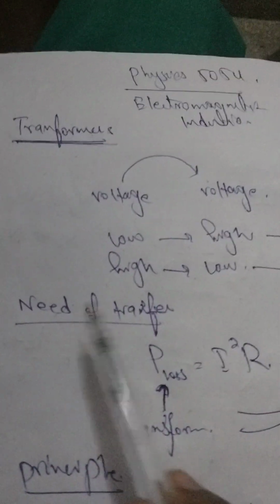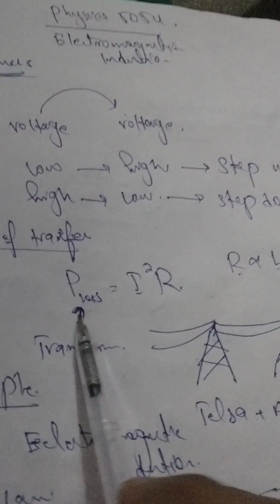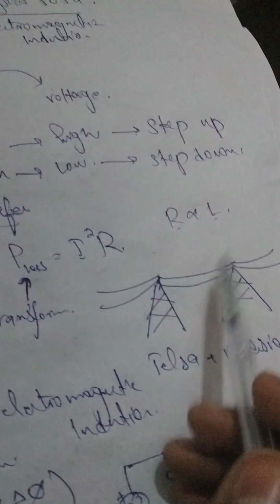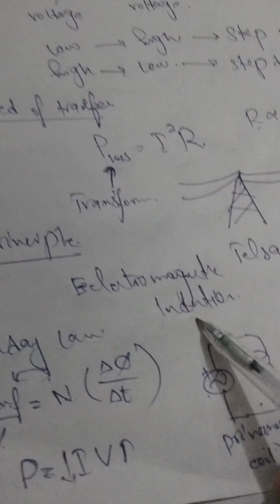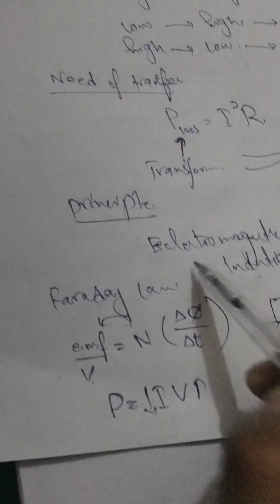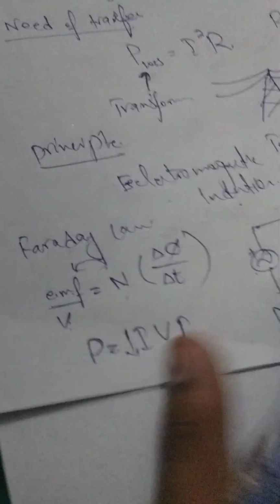The need of the transformer is to minimize the power losses in our transmission system, and the principle is electromagnetic induction. And Faraday's law refers that the EMF, or electromotive force, or the voltage has a direct relation with the number of turns.